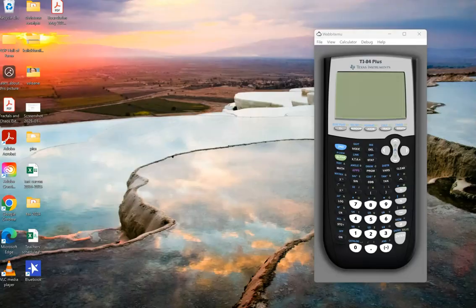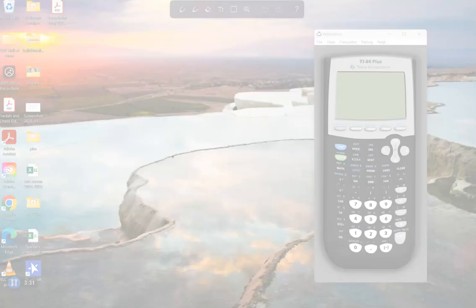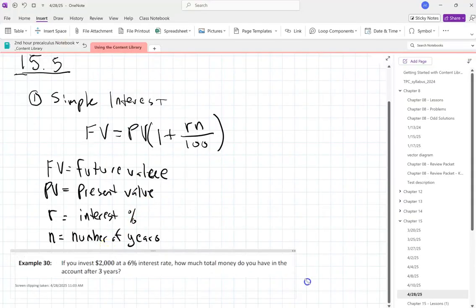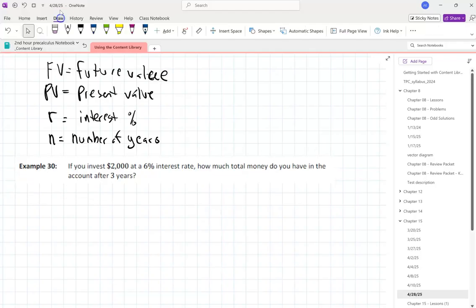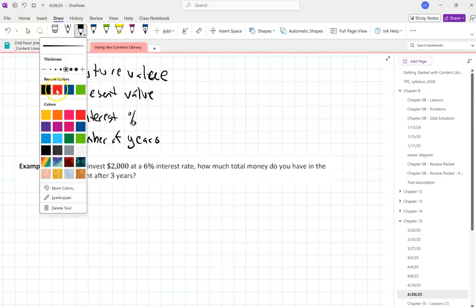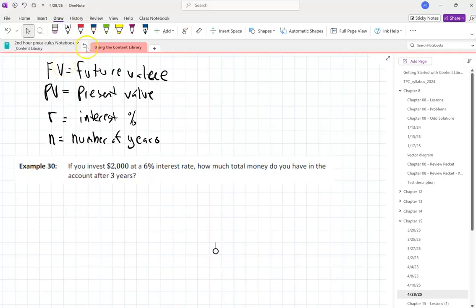All right, quickie little example. If you invest $2,000 at a 6% interest rate, how much total money do you have in the account after 3 years? If we assume this is simple, because it doesn't say compounded anywhere, we're going to be using our simple interest formula.